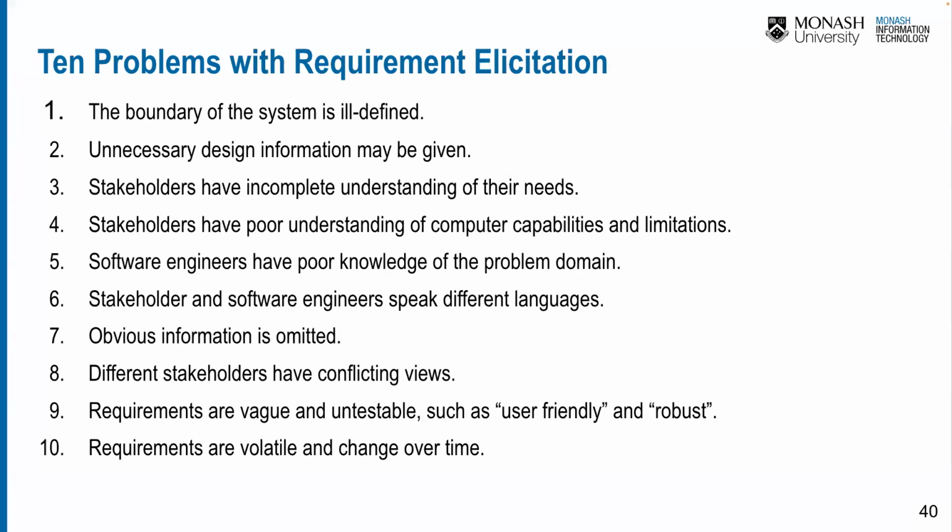Stakeholders normally have an incomplete understanding of their needs. When we say, I want to develop a fitness app tracker to help me exercise better, then one day the developer comes back to the client and says, to develop such an app, we need to connect with a wearable device, Apple Watch or whatever, to keep track.